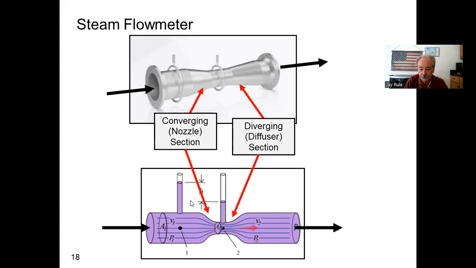We're making some pressure measurements, and you will learn in your fluid mechanics class how to figure out the flow rate of steam from this change in pressure measurement. And then once we're done with that, we go to a diffuser diverging section to let the kinetic energy reduce right back down to where it was at the inlet. So it's a classic example of a nozzle and diffuser section that's enabling you to make a pressure drop measurement.